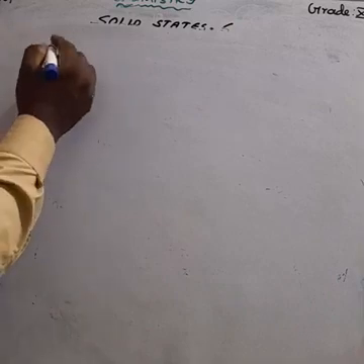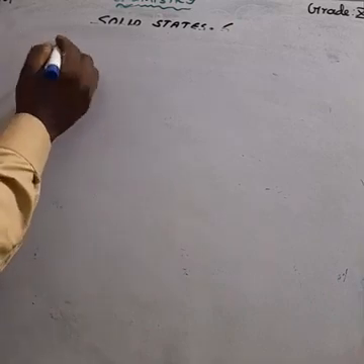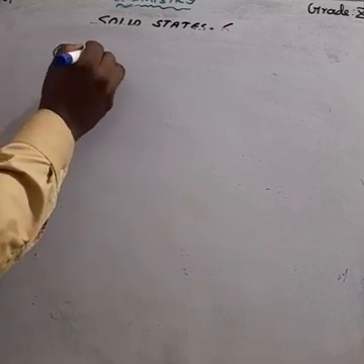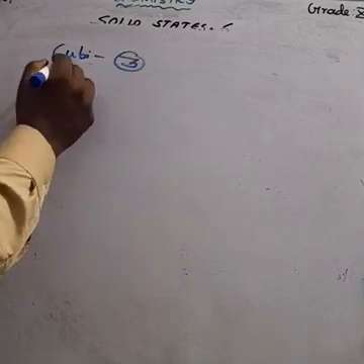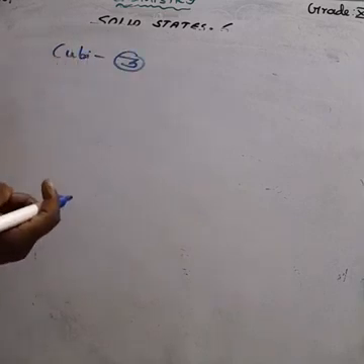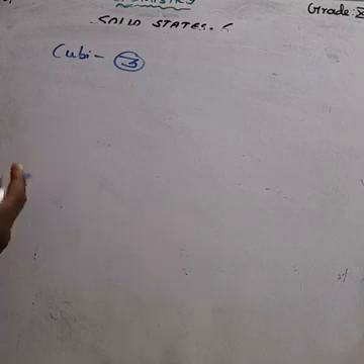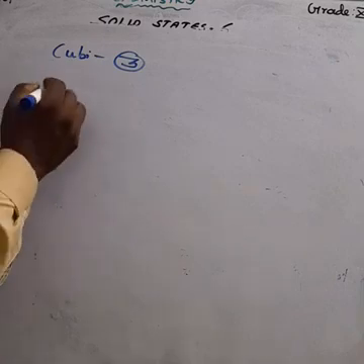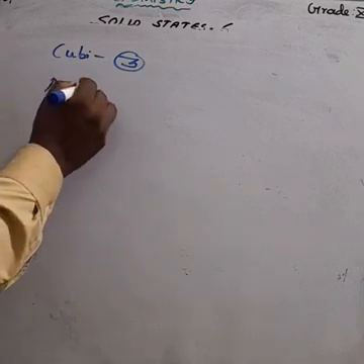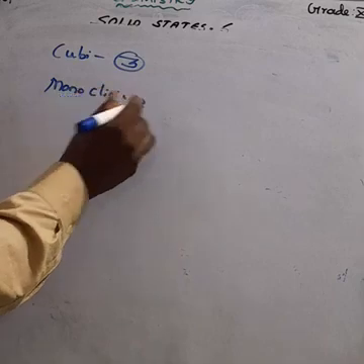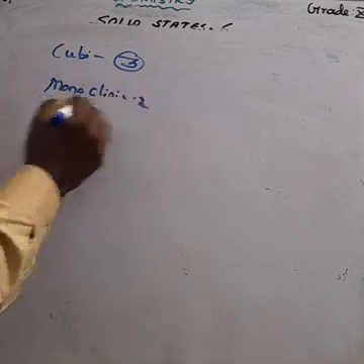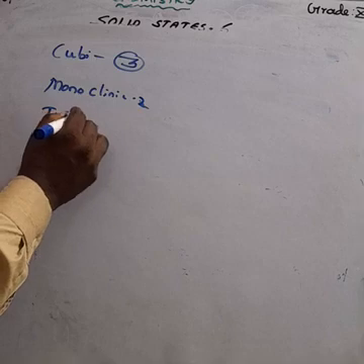Tetragonal also has 2 diagrams: primitive, body-centered. Orthorhombic has 4: primitive, body-centered, face-centered, and base face-centered. Monoclinic having 2: primitive, base face-centered. Trigonal 1, triclinic 1. These are the diagrams. Try to draw this one.